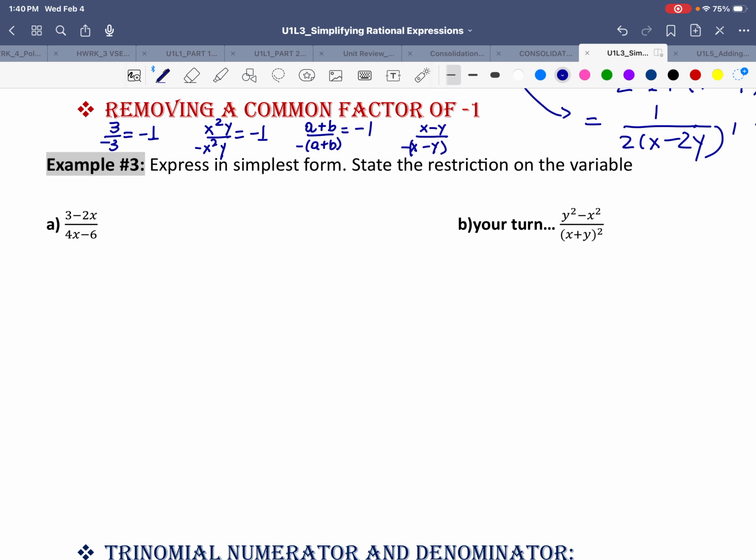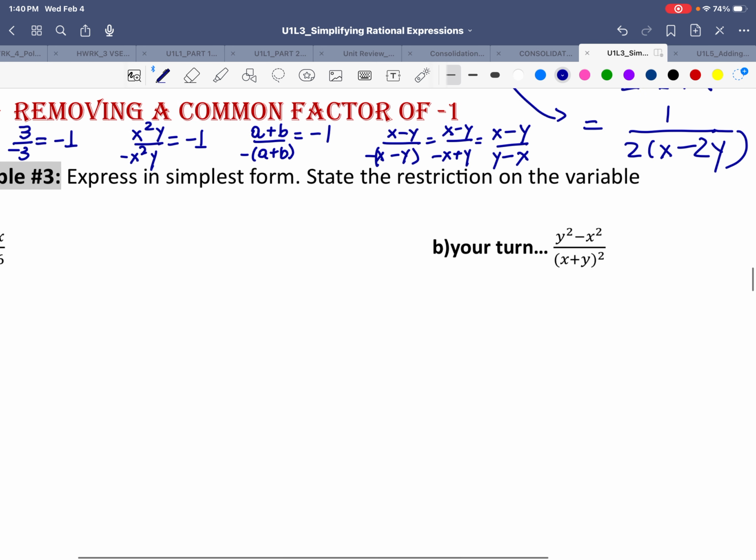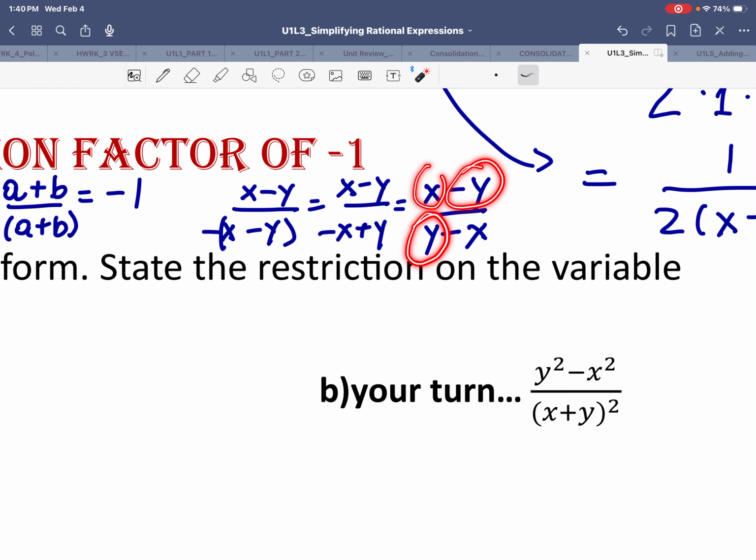So sometimes the way this looks in expressions is -x plus y, or even better, x minus y over y minus x, okay? So I'm just rearranging the terms. So when you see that the terms are opposite in the binomial, respectively opposite, then we're going to say that the division will give a -1.